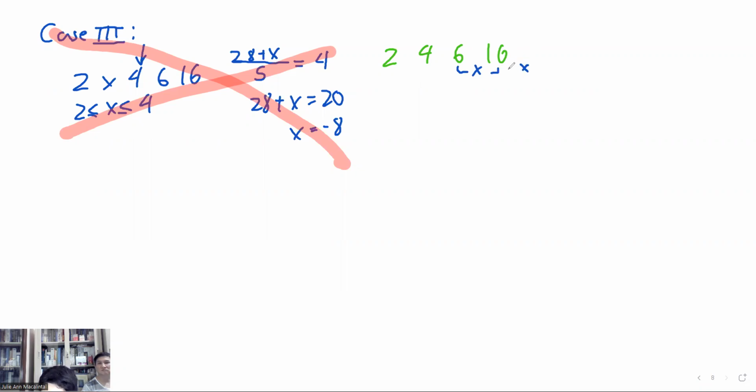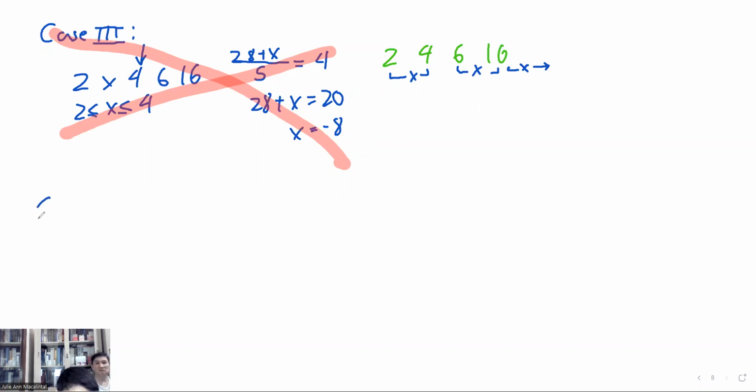When x is 16 and above, we also tried when x is between... How about if x is your median?